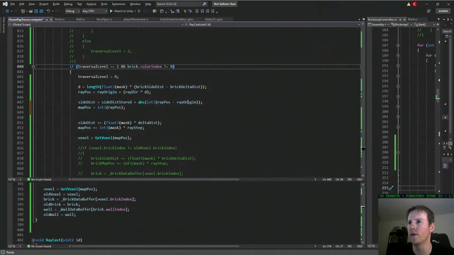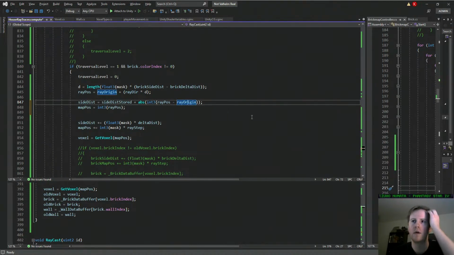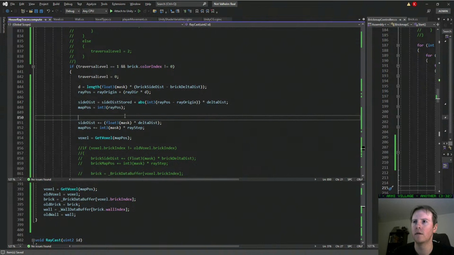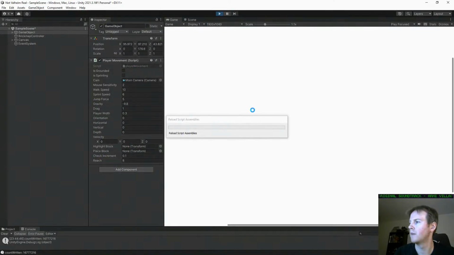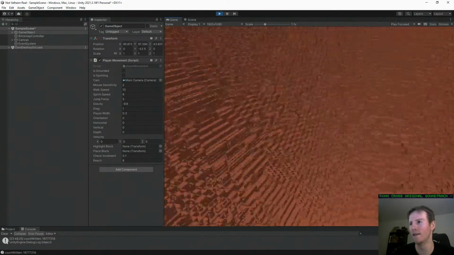But they are already in 3s. No, they're not. Float3. Times delta dist. That might accurately recreate the delta dist. But I'm not convinced that's gonna fix it either. And it didn't.